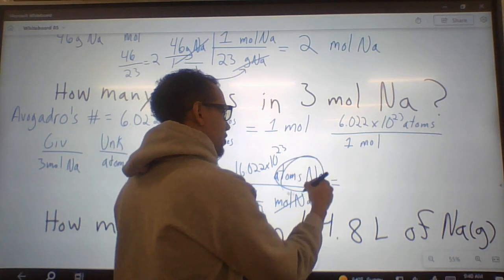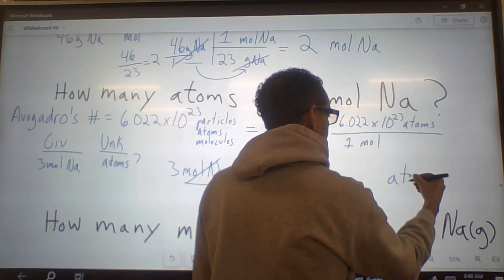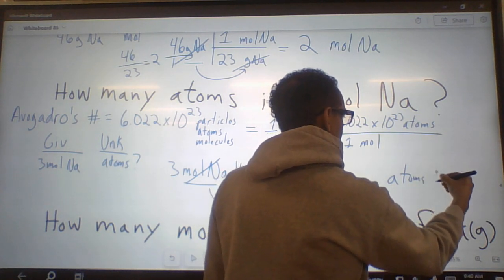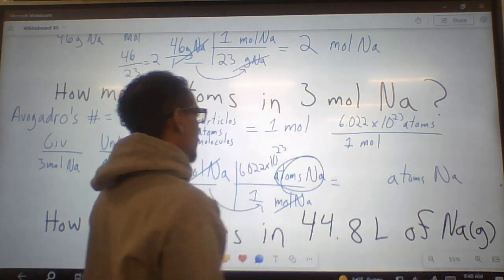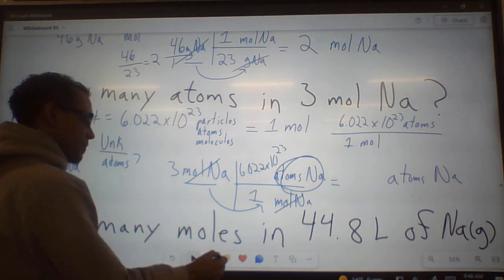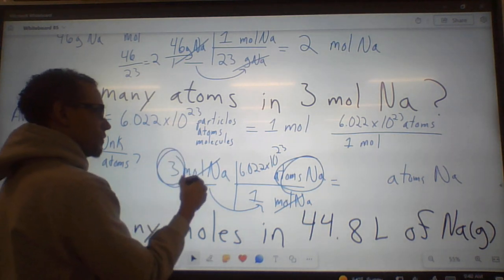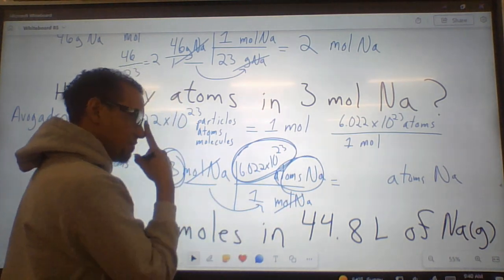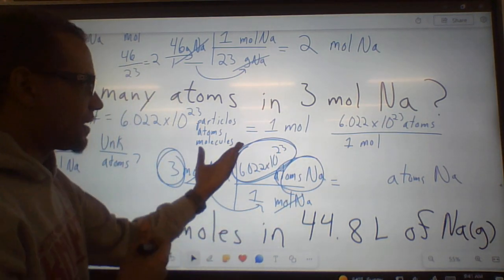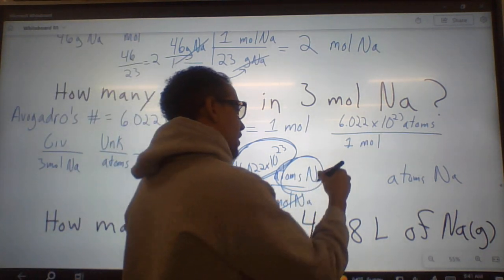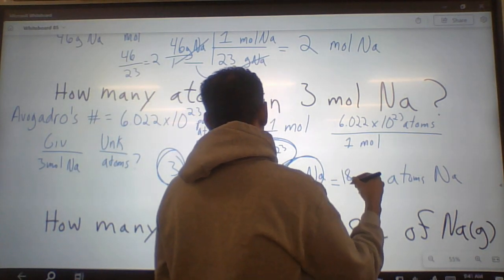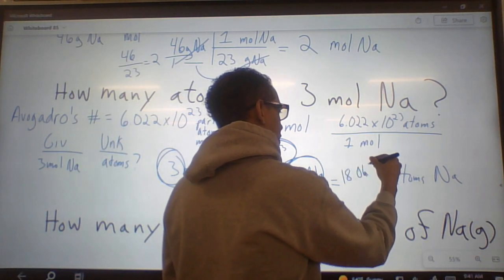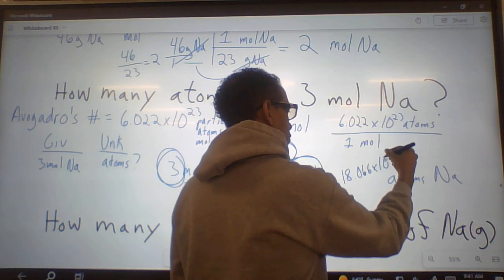I'm going to be left with this unit here, atoms of Na. And then now I just need to express these terms mathematically. We have 3, and then we have this value here. A lot of times I just leave it in scientific notation. That's fine. 18.066 times 10 to the 23rd.